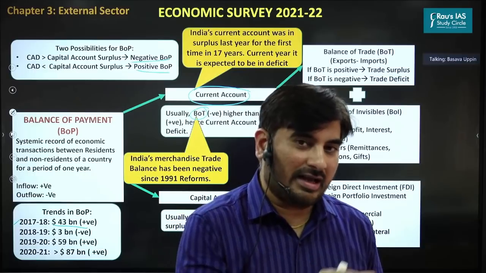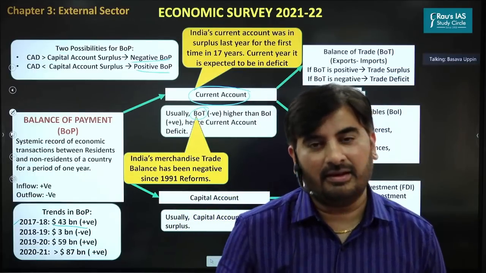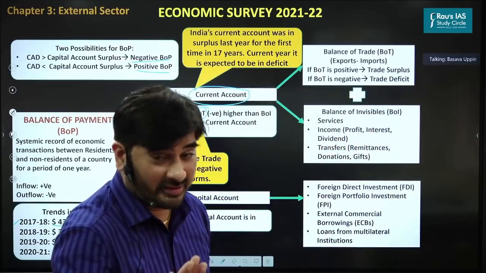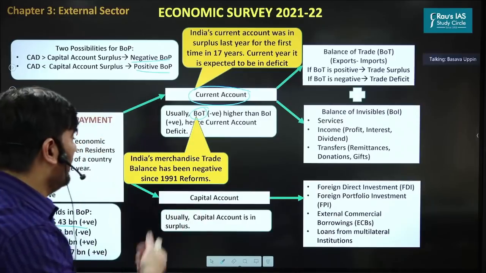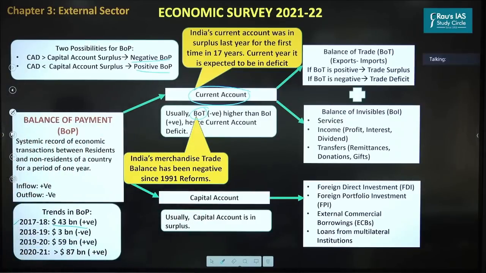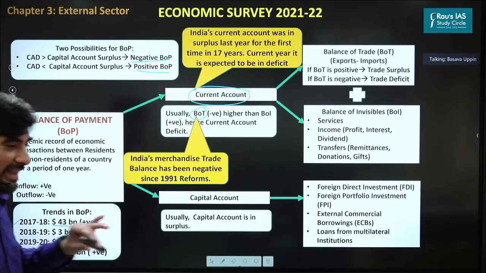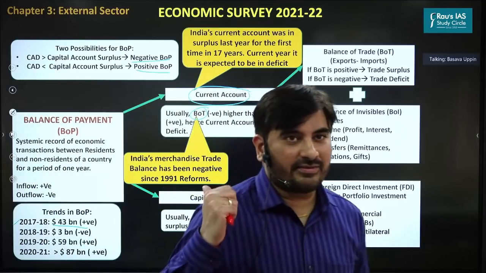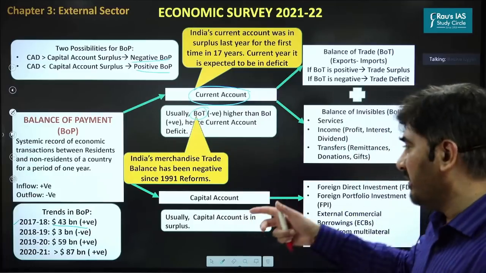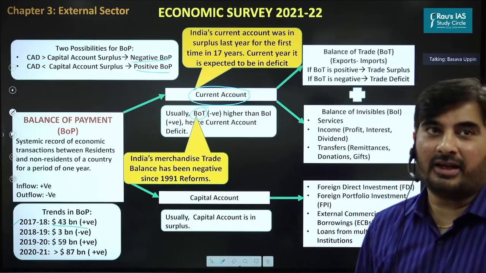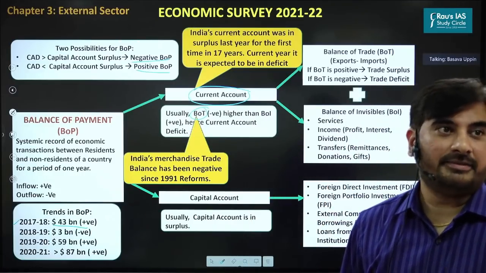So these are the things which you must understand as far as the BOP is concerned. Apart from that, there is nothing else you have to remember. Just remember these important trends. That alone should be sufficient, right?